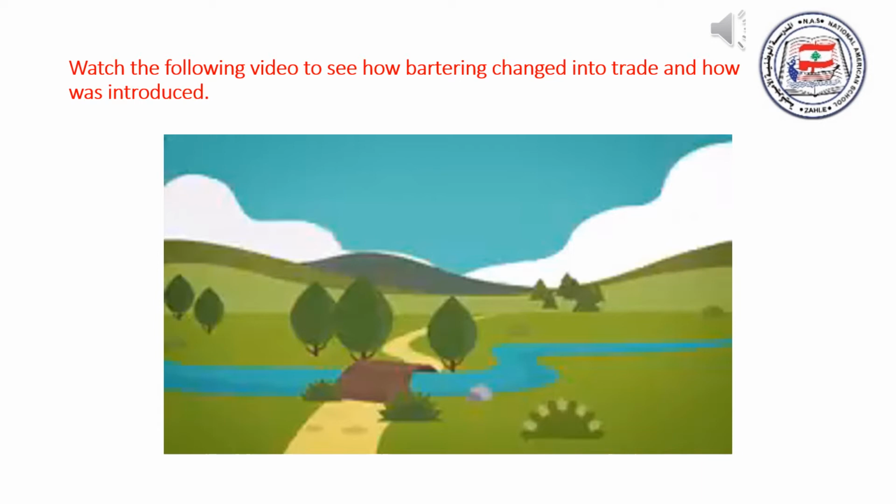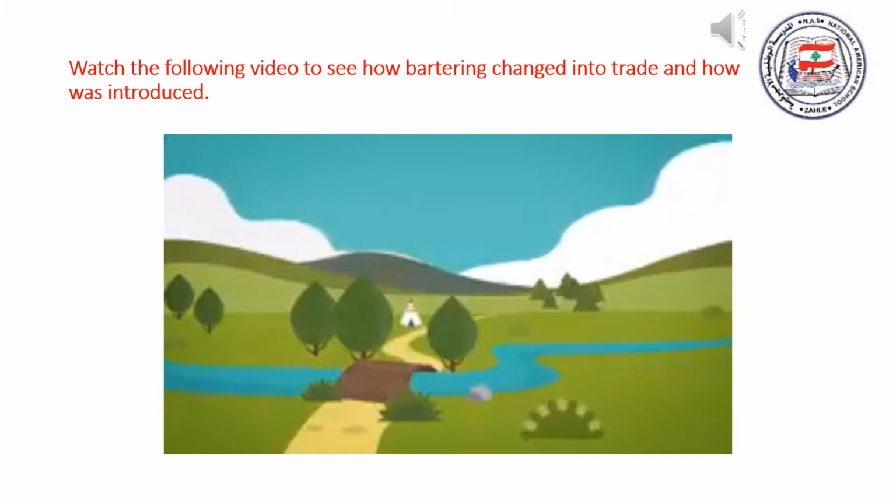So, when I wanted to offer you a bag of apples for a pair of slippers and you are not in need of the apples, bartering stopped and a new story was issued. The introduction and the evolution of money. Please watch the following video about the evolution of money.